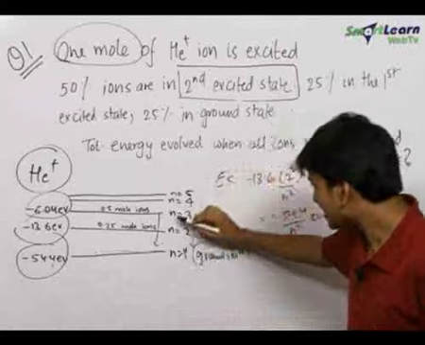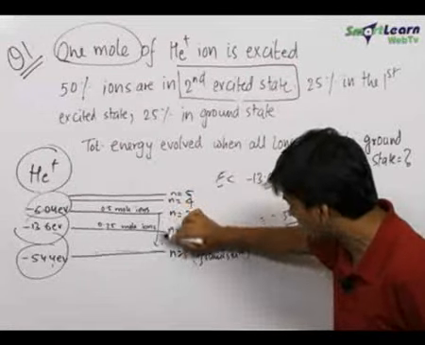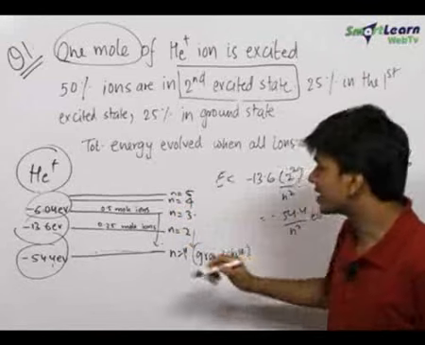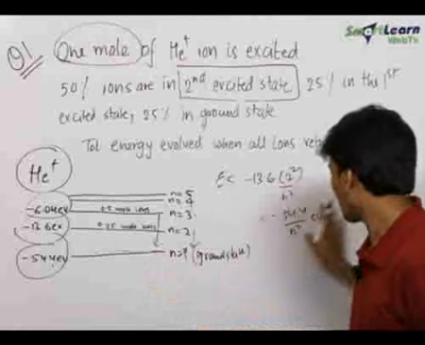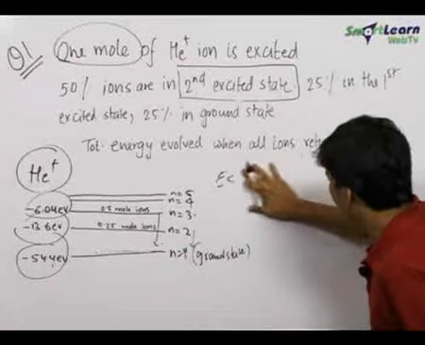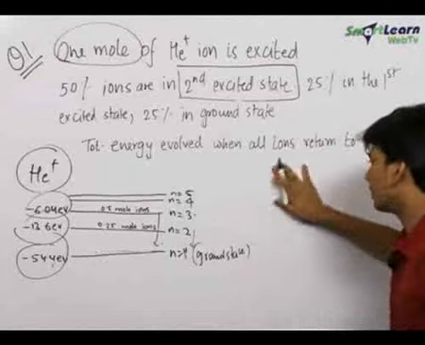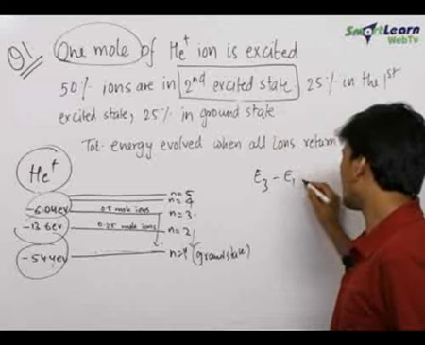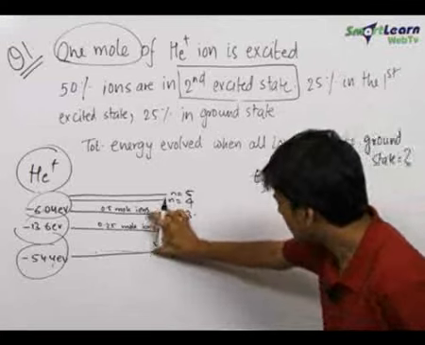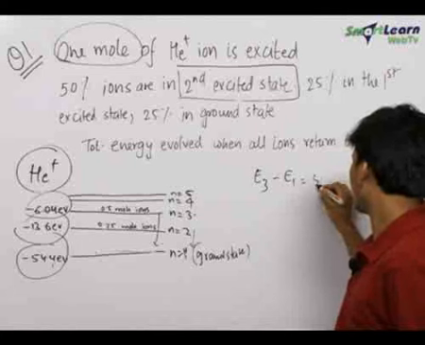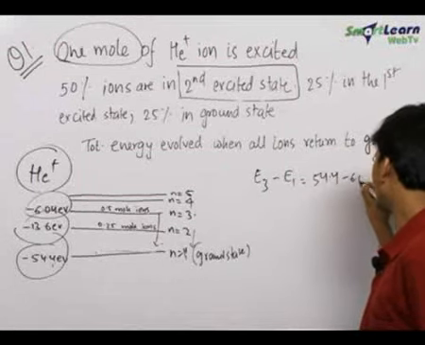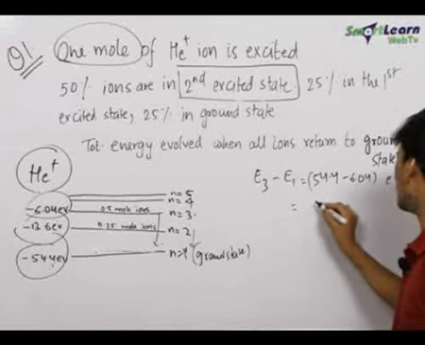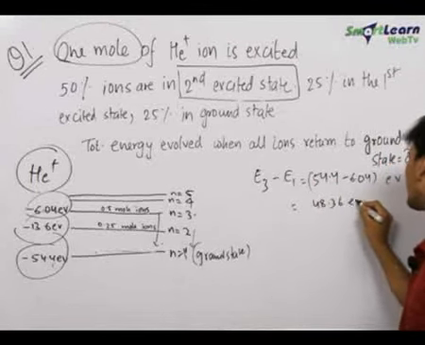Now as the atom comes down from this state to this state, it releases energy because its energy is reduced. Let us calculate the amount of energy that is reduced. The energy difference between E3 and E1 comes out to be equal to 54.4 minus 6.04 electron volt, that is equal to 48.36 electron volts.